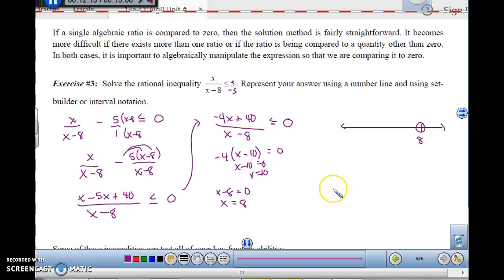Let me change this. I'll make this one 10. Forgot which one I was doing here. And I'll make this one 8. So 8 is not included, but 10 is. So my critical values are 8 and 10. I can't have 0 in the denominator. Okay, so let's save this for the next class and figure out where the critical values are.